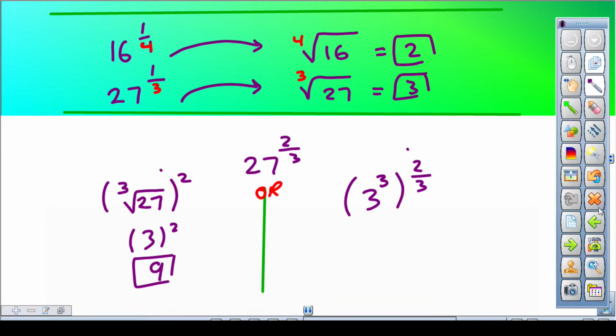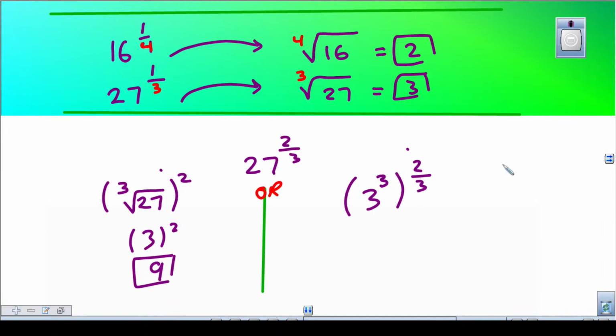So the issue now is to get these numbers to talk to each other. If you have an exponent, and then you also have another exponent outside the parentheses, basically you're multiplying exponents. So in this case, I have 3 times 2/3. Do that with me here, on the side.